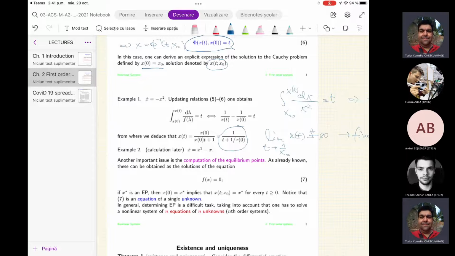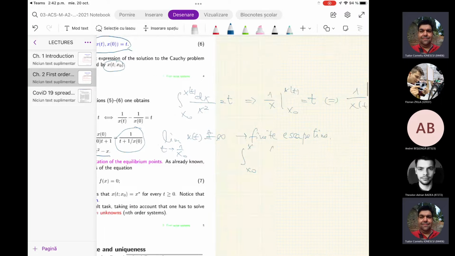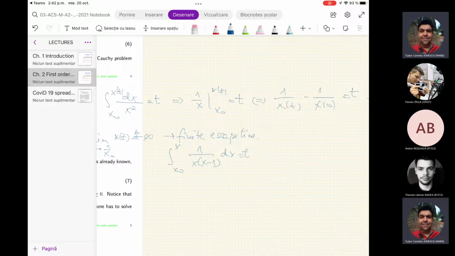The second example, whose computations we are going to find later, is the example of x dot equals x squared minus x. This is related to the Riccati differential equation. Well, anyway, here you get the integral from x naught to x of 1 over x times x minus 1 dx equals time. And you solve this integral how? Elementary factors.